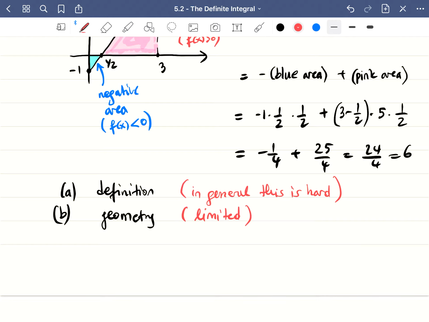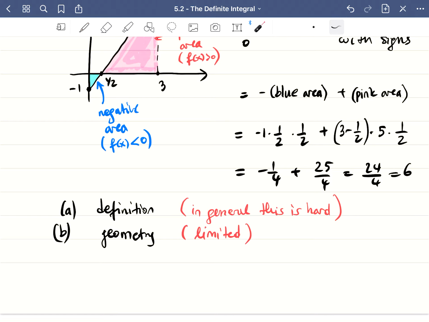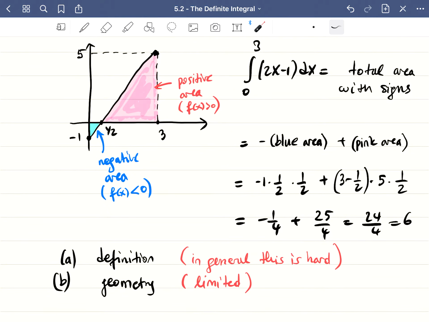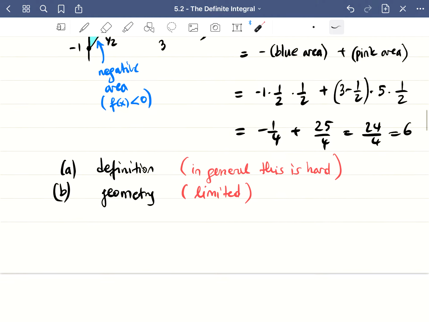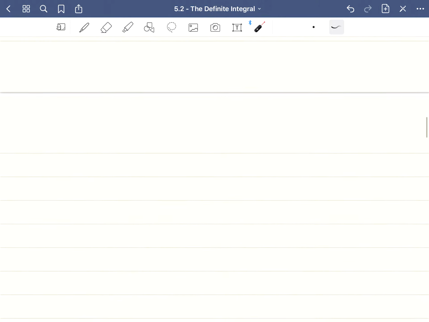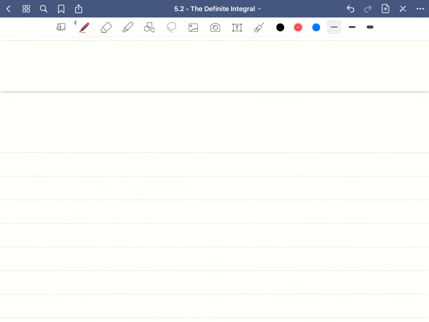Okay, now since we talked about negative areas and positive areas, we have to think of definite integrals as net signed area of the region between the function and the x-axis. So let me make that definition.